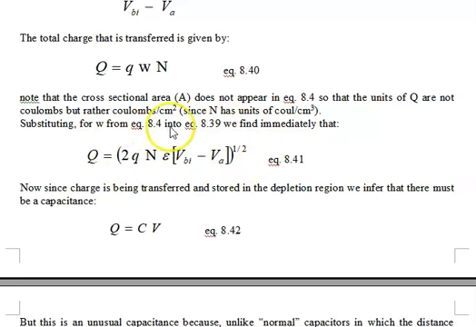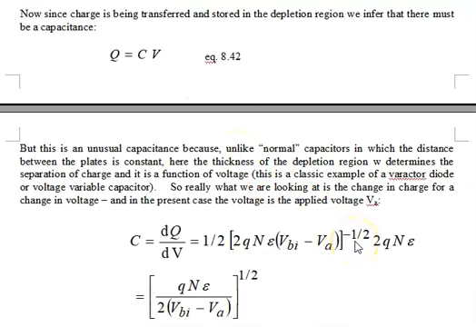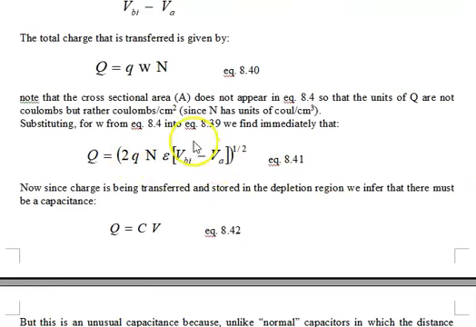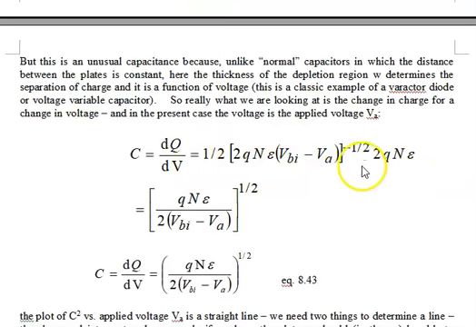We first differentiate with respect to the entire structure in the parentheses, bringing down a 1/2 and bringing up a minus 1/2, which is what we have here. And then we differentiate the stuff in the parentheses, so we get 2qn epsilon. And that's where all this comes from. And the rest of it is just algebra.